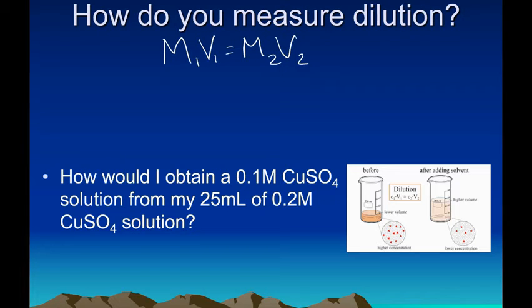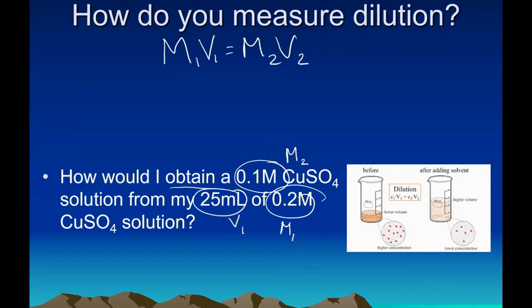You want to obtain a 0.1 molar solution, so that's going to be my M2. My 25 milliliters of 0.2 molar solution is my V1, and the 0.2 molar is my M1.